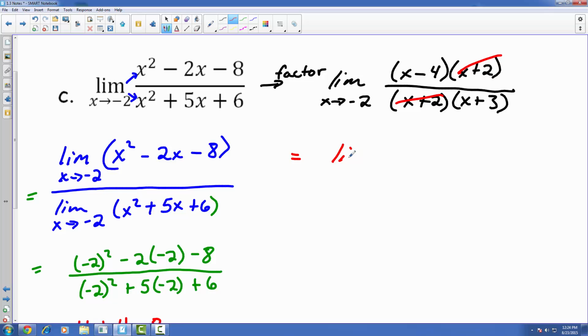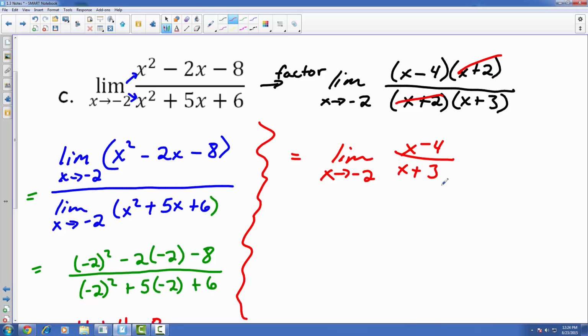So we end up with the limit, and maybe we'll draw a little line so we know the difference, as x approaches -2 of, with our simplified version, x minus 4 on top still. On the bottom, we have x plus 3. And now we can try that direct evaluation.